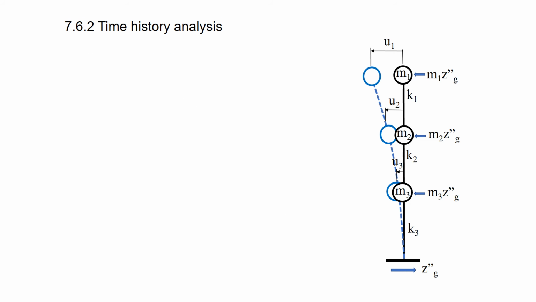7.6.2 Time history analysis. Suppose this 3 degree of freedom structure is subjected to the seismic wave ZG2' at the base. Seismic forces MZG2' work at each node in the opposite direction.